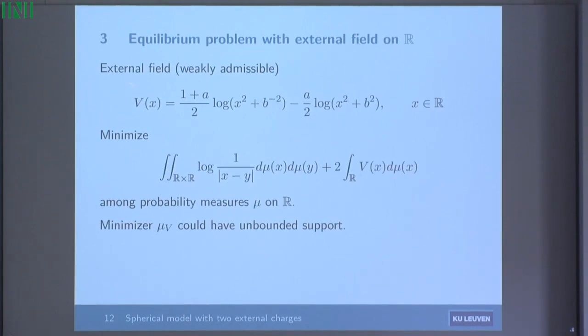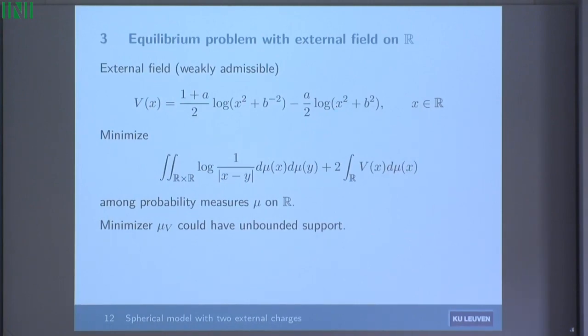But together they make up some external field, and we're looking for a measure now on the real line which minimizes this weighted energy problem. Again, the usual logarithmic energy plus an external field term involving this V. This V has a particular feature at infinity: what does it look like as x goes to infinity?